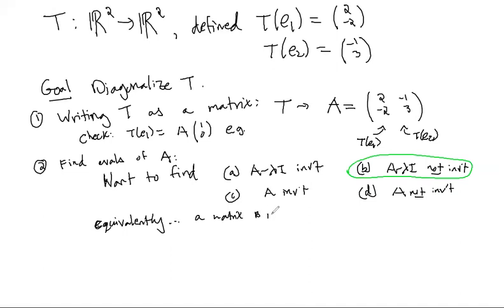I'll skip to the answer. Equivalently, we want to test whether its determinant is 0 or not. So if it's not invertible, we want the determinant of A minus lambda I equal to 0.